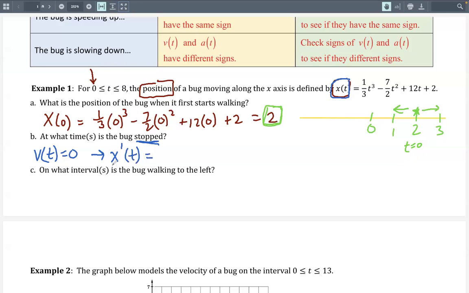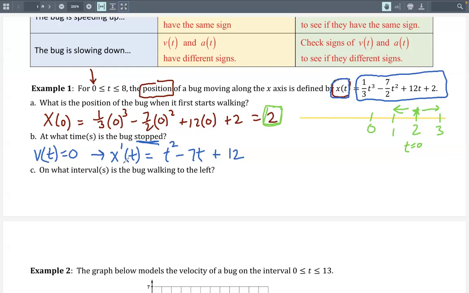Since velocity is the derivative of position, so velocity is x prime, we have to take the derivative of this position function using the power rule. The derivative of 1/3 t cubed is t squared, minus the derivative of 7/2 t squared is 7t, plus the derivative of 12t is just 12, and the derivative of this constant 2 is 0.